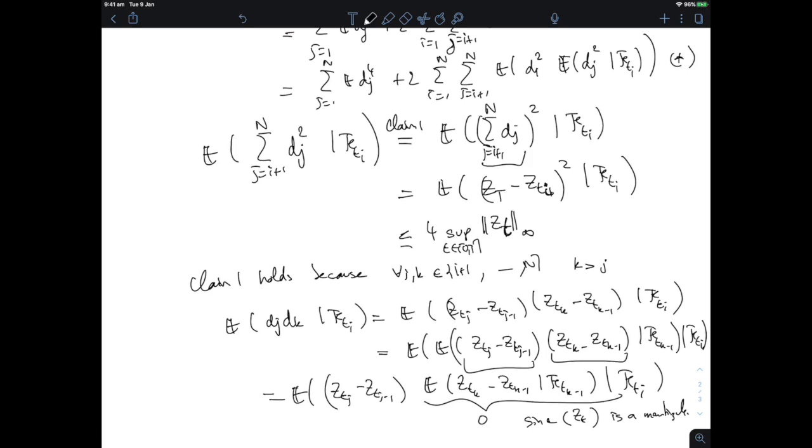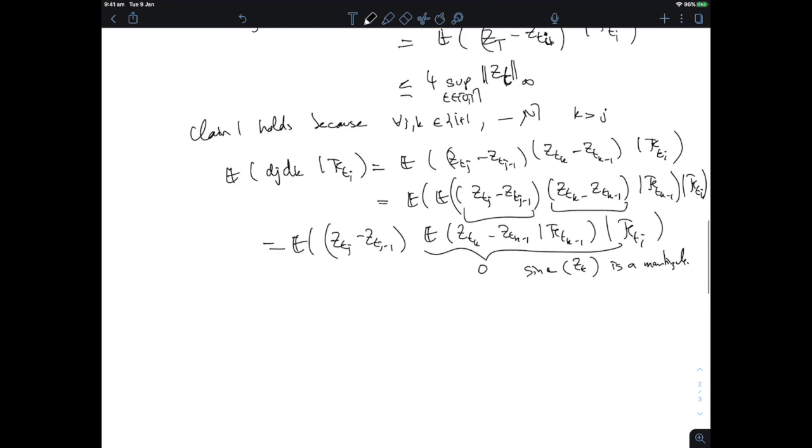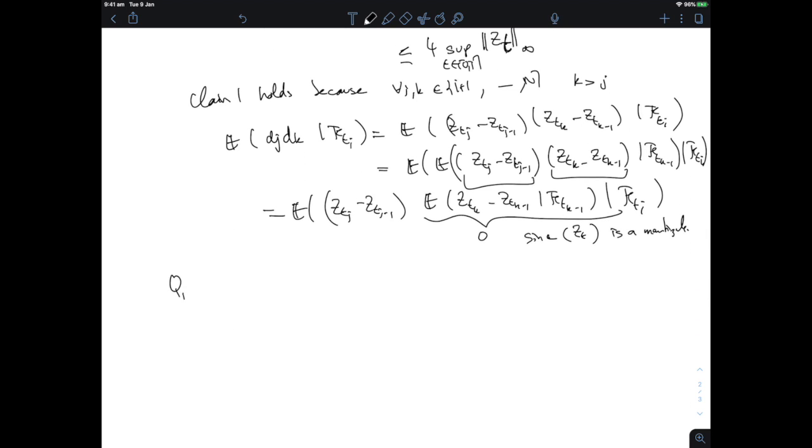And now, putting these things together, what do I get? I get that my QPZ in L2 norm squared is smaller than the sum j equals 1 to n of the expectation of dj to the 4 plus 8 times the sum i equals 1 to n of the expectation of di squared.